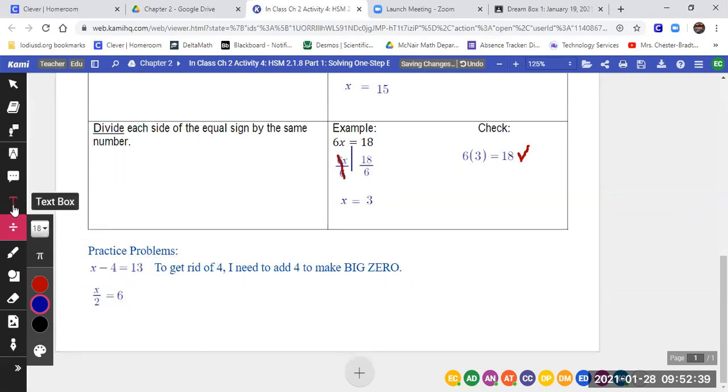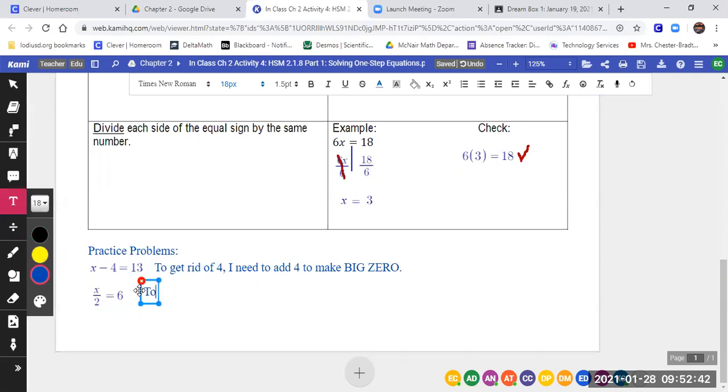Okay, same thing. To get rid of 2, what do we need to do to move that 2 out of there? So what is it now? Remember, we have to do the opposite. We always have to do the opposite to make it move.